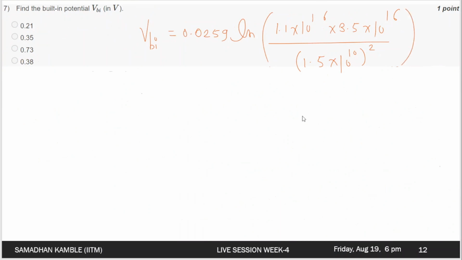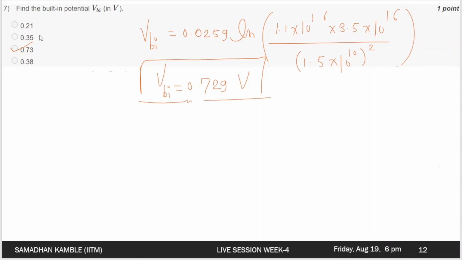This is quite straightforward. If you calculate it, you will get the built-in potential as 0.729 volt, which is approximately 0.73 volt.